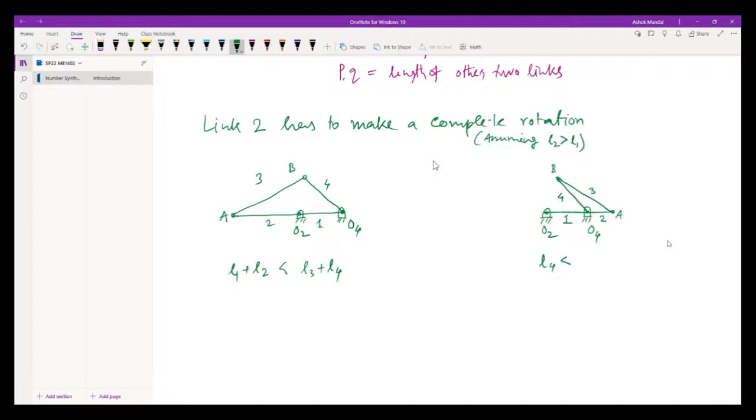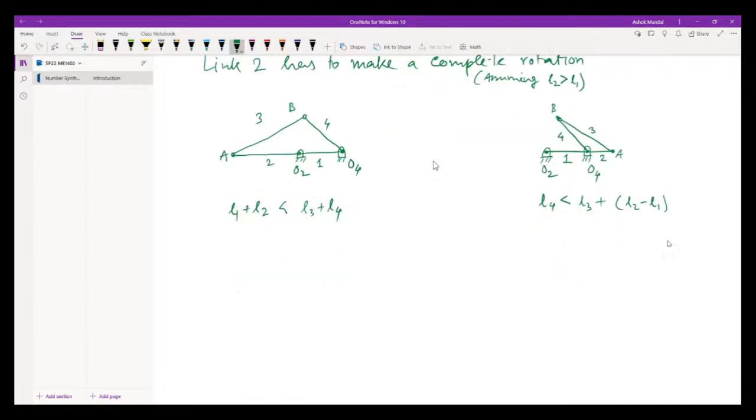L4 must be less than L3 plus L2 minus L1. Agreed? And we can also have L3 must be less than L4 plus L2 minus L1. Right? Is this fine? Last equation.